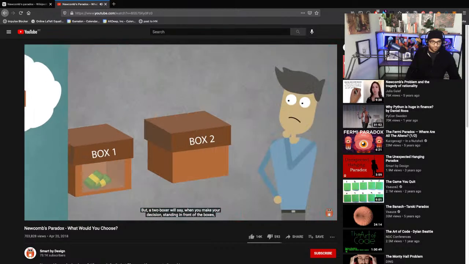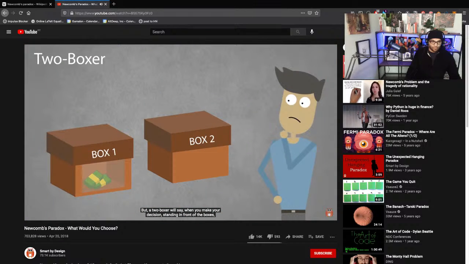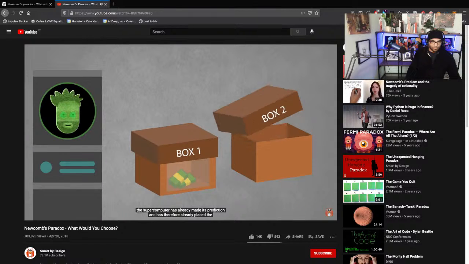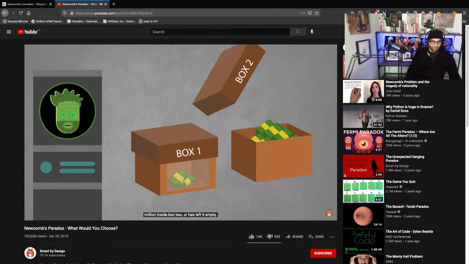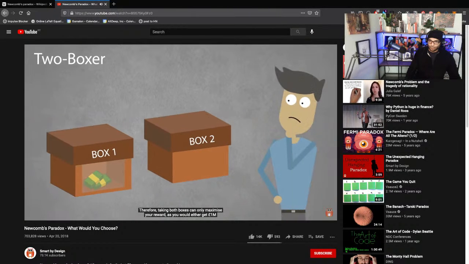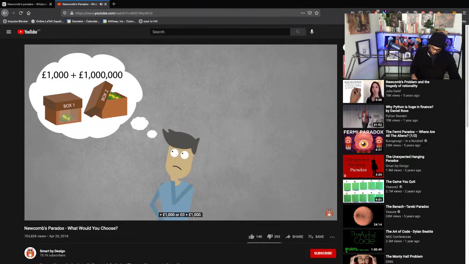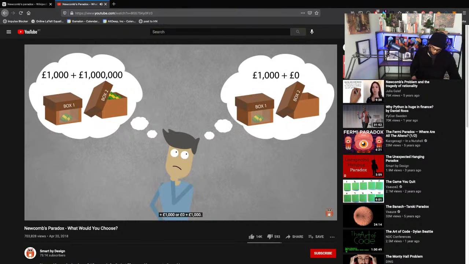But, a two-boxer will say, when you make your decision, standing in front of the boxes, the supercomputer has already made its prediction and has therefore already placed the £1 million inside box 2 or has left it empty. Therefore, taking both boxes can only maximise your reward, as you would get either £1 million plus 1,000 or 0 plus 1,000.